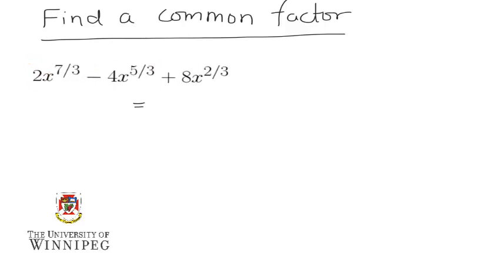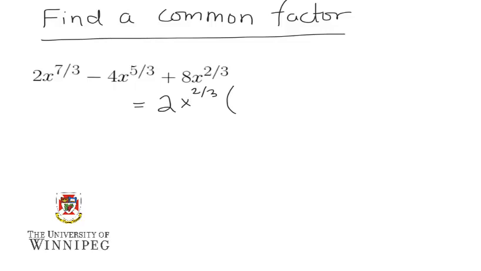We can take out a 2 from all of these terms. Next, you want to take a look at your fractional powers. 7 over 3, 5 over 3, and 2 over 3. What we're looking for is the lowest power, and that's going to be x to the power of 2 over 3. That's the smallest of these three fractions.